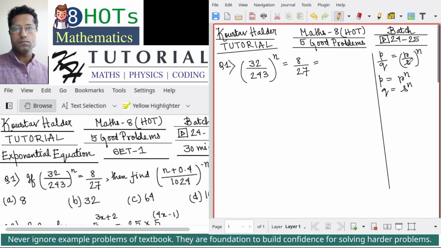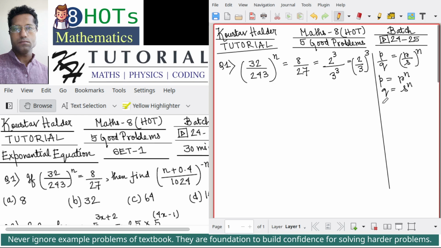Then only we can convert this whole P by Q into some exponential form, that is R by S to the power n. So now let's see, 8 we know is 2 to the power 3, and 27 is also 3 to the power 3. So we see that both the powers 3 are same. So now we can convert 2 to the power 3 divided by 3 to the power 3 as 2 by 3 whole to the power 3.